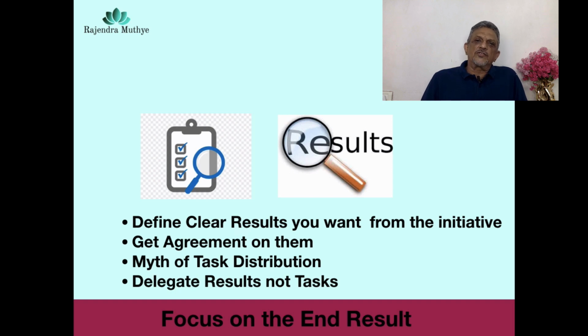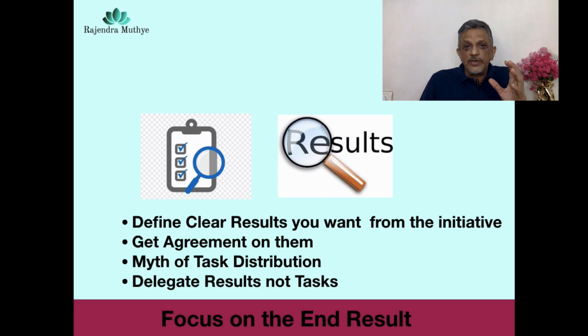Break the myths of task distribution for yourself. Delegation is not just task distribution. Maybe level 1 is task distribution. I have some menial work, you can give it to other people. That's what is task distribution according to me. It is said that delegation is when you delegate results and not tasks.